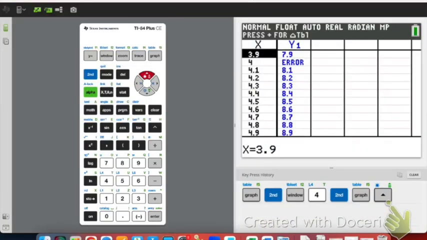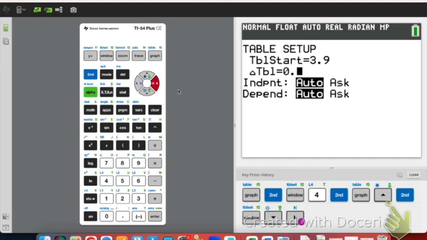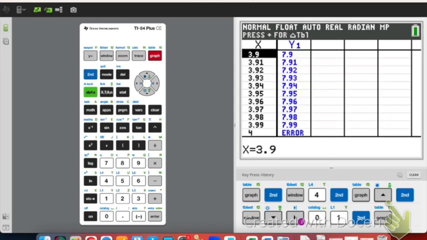Then I'm going to go back to my table and do another table set. This is sort of tedious, I know. So instead of going by 0.1, I'm now going to go by 0.01. And I'll go back to my table again. Second table. Now if I scroll it, you'll see my 4s right here on the bottom.